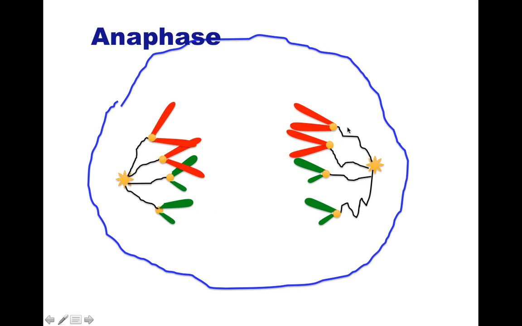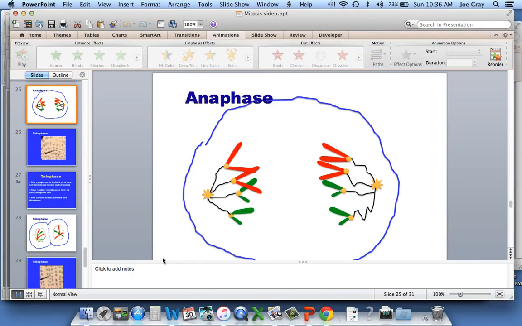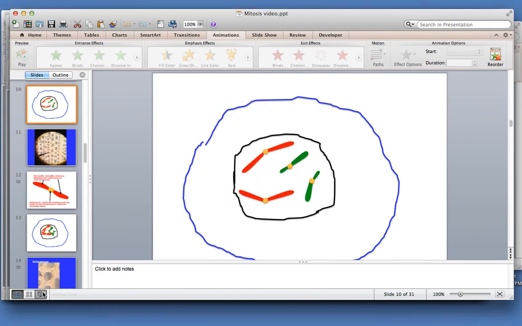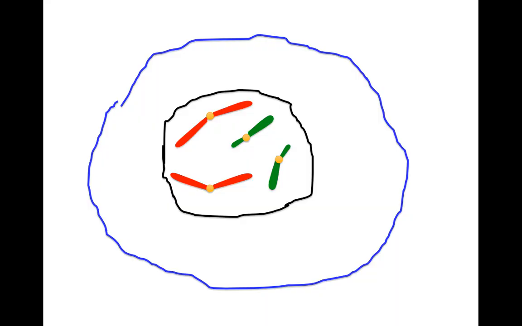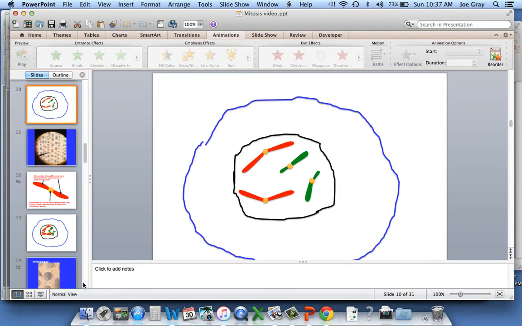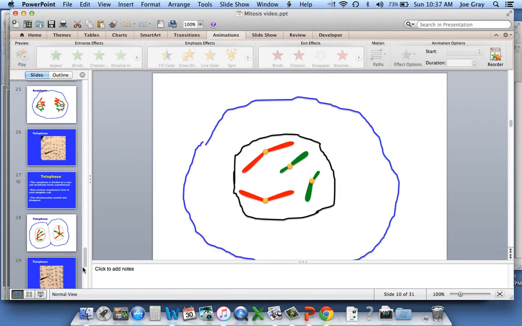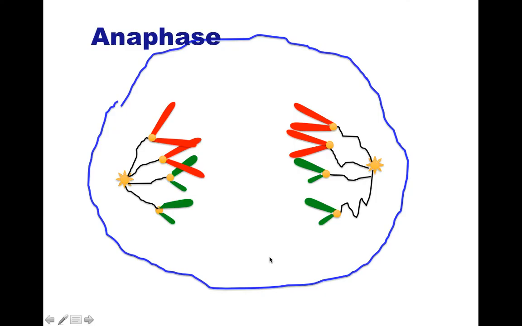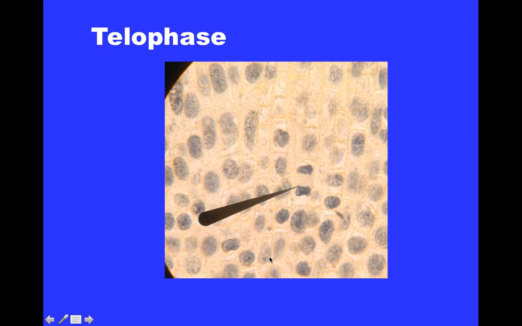So you're making sure that each side has the exact same chromosomes that you started out with way back in the process of interphase when we began this whole process right here. This is what we started out with: 2 red chromosomes, 2 green chromosomes. And now we're making sure the 2 sides right here also get 2 red chromosomes, 2 green chromosomes.